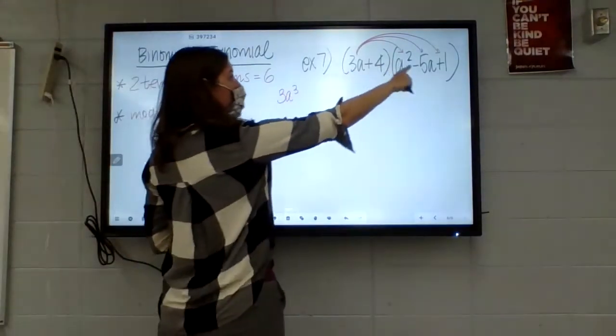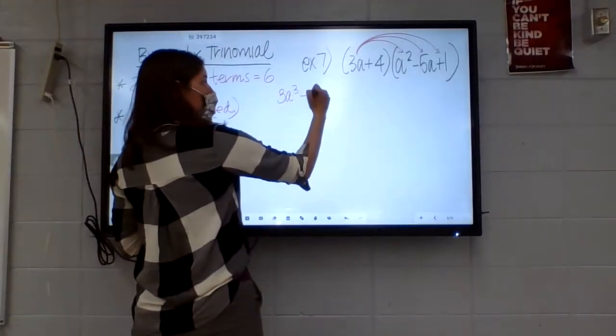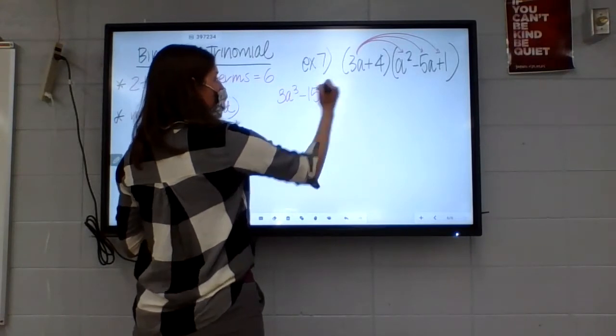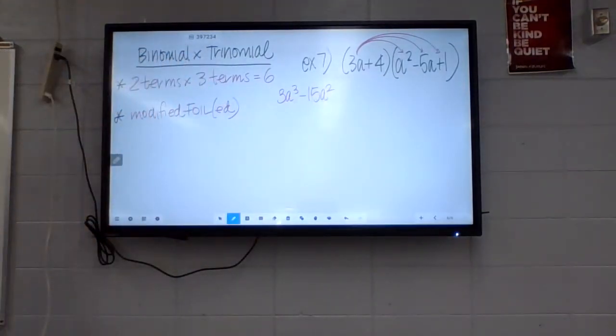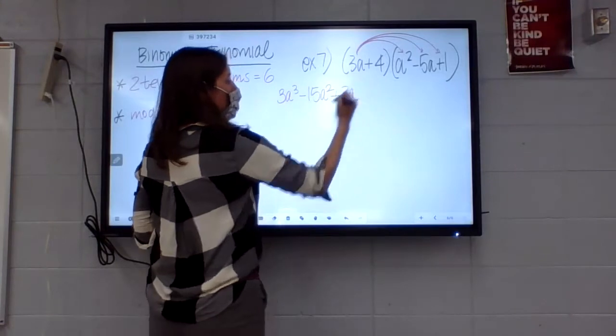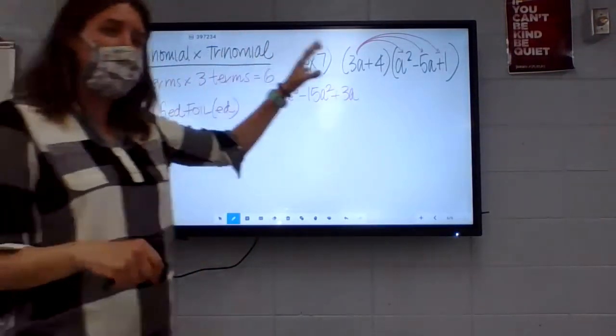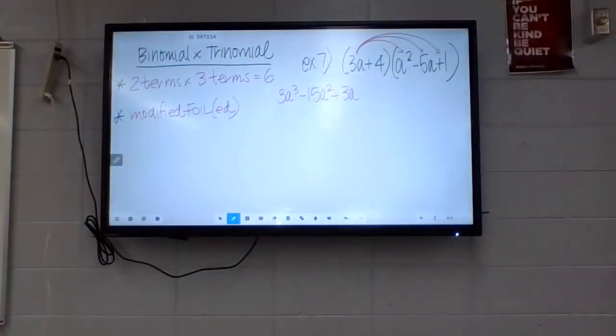Then I'm going to do 3a times a negative 5a. So it's negative 15a squared. Then the outer ones, so 3a times 1 is just 3a. So I did that first term times all 3, that's how I ended up with 3 terms.